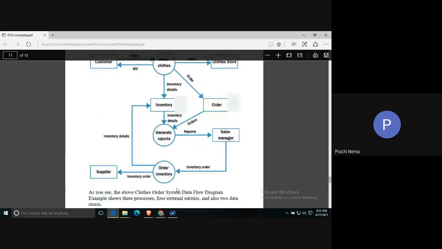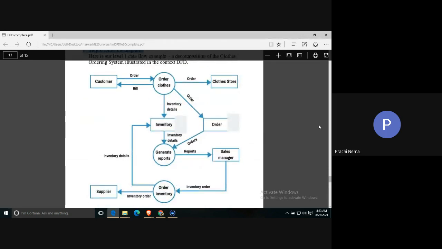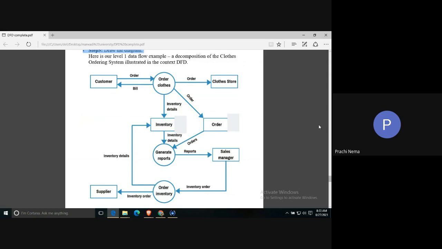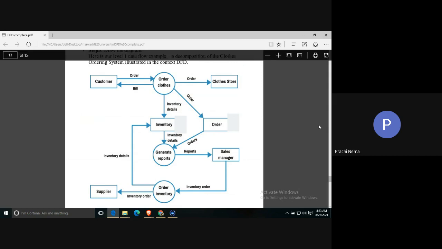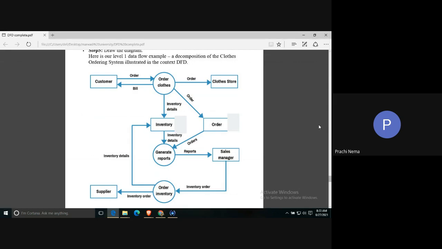See, this is the diagram for level 1 DFD for same clothes ordering system. Here step 1 was to select how many processes you are going to have.